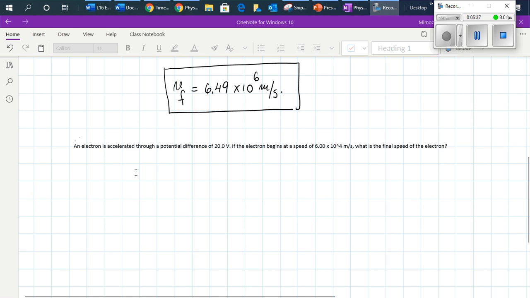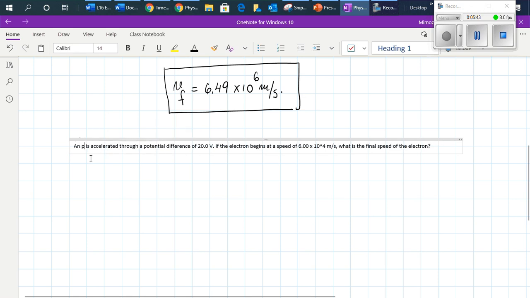Okay, let's take a look now at a case in which we have an electron, or let's make this a proton now. A proton is accelerating through a potential difference of 20 volts. If the proton begins at the speed of 6.0 times 10 to the power of 4 meters per second, what is the final speed?